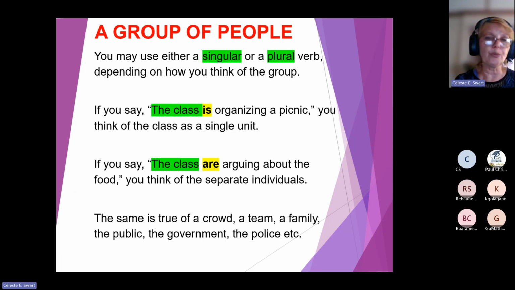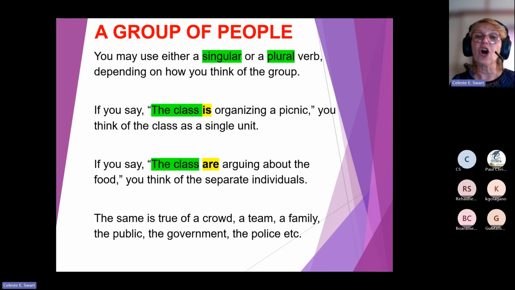Am I looking at the group as one unit, all together, or do I see them as individuals? If you say the class is organizing a picnic, then we think of it as a single unit. We can almost think of it as people who are united.